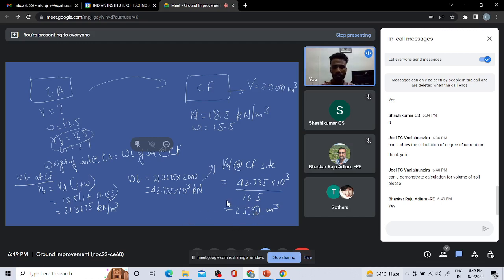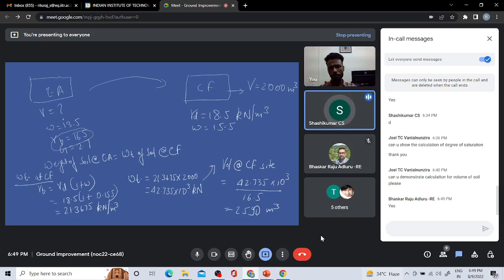Any query in the calculation or in the concept? Yeah, Bhaskar, if you are having any doubt regarding something.